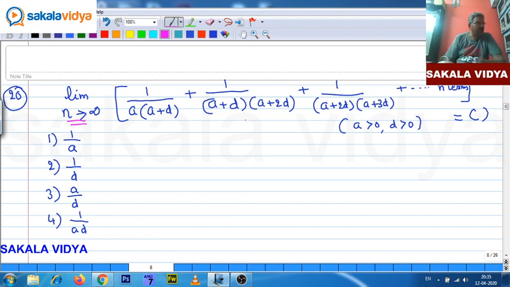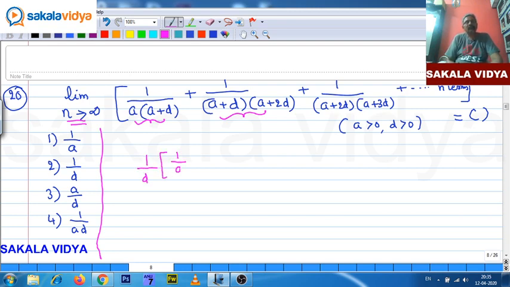In mathematical induction, you might have done this problem, or we need to write partial fractions of the first term and second term and third term and so on. We need to apply the telescopic series, it becomes a telescopic series. First write down the partial fractions. So we can write the partial fractions of this one as 1 by d times 1 by a minus 1 by a plus d, the least factor minus the greater factor.